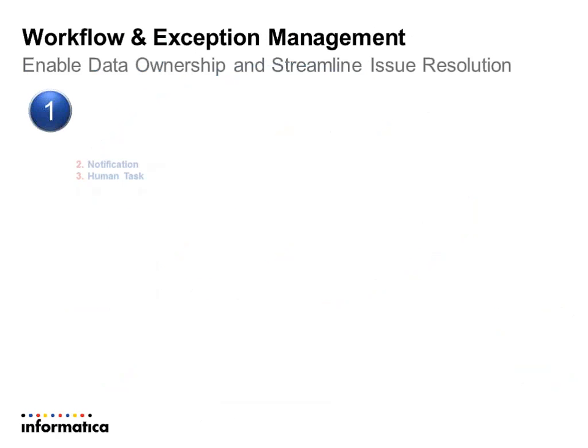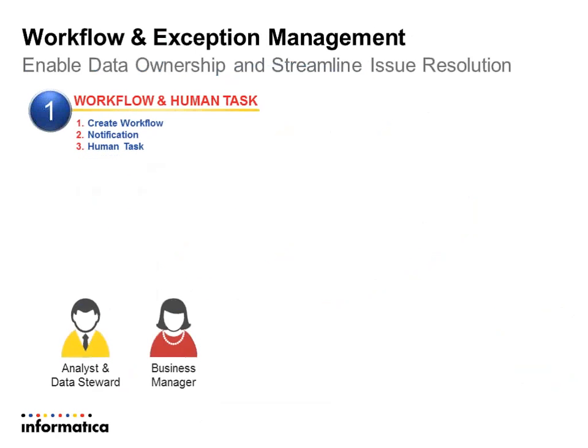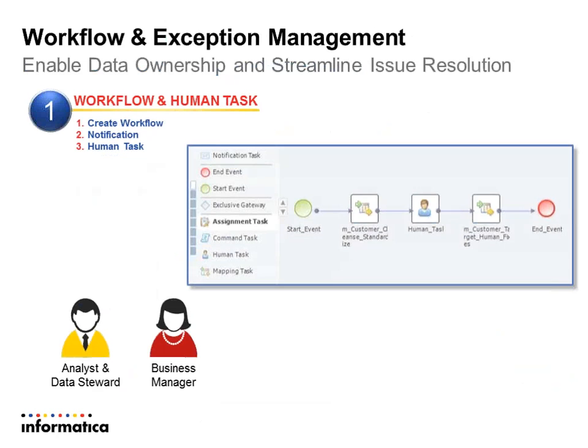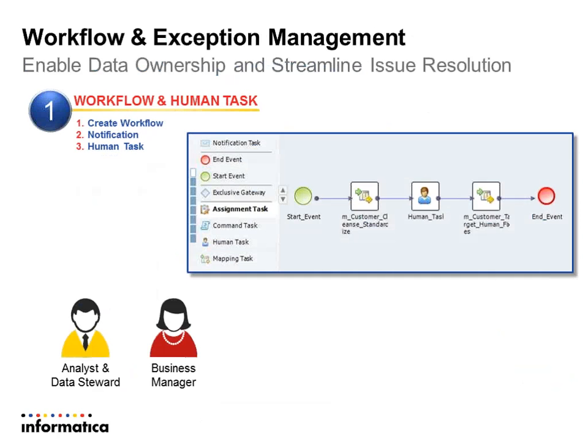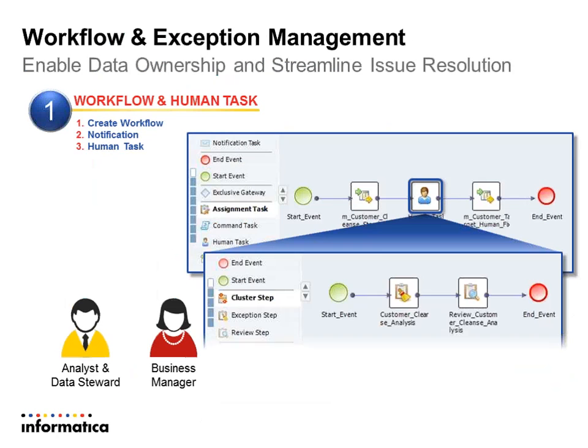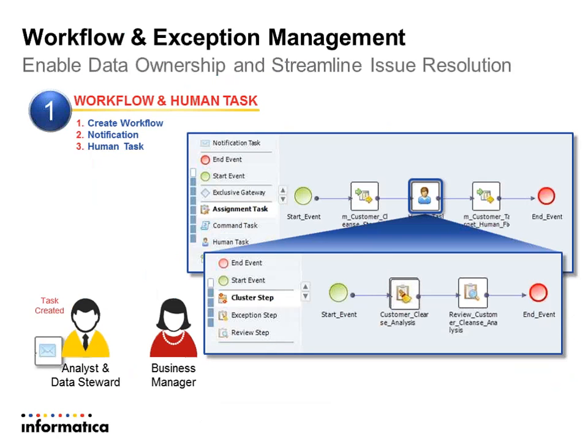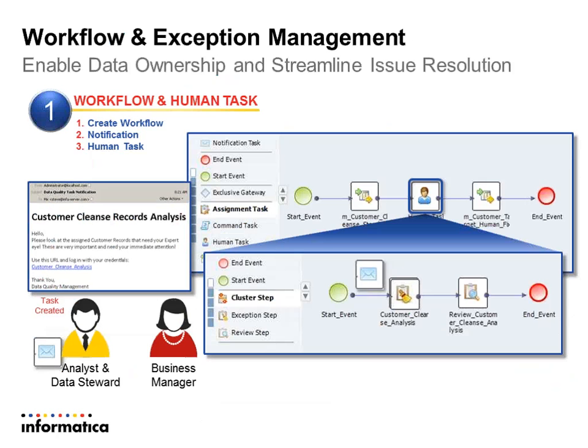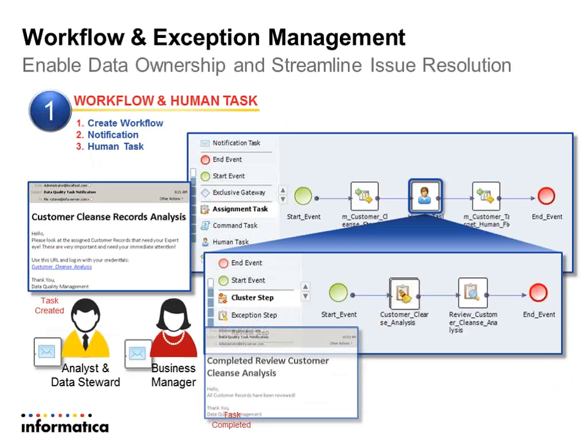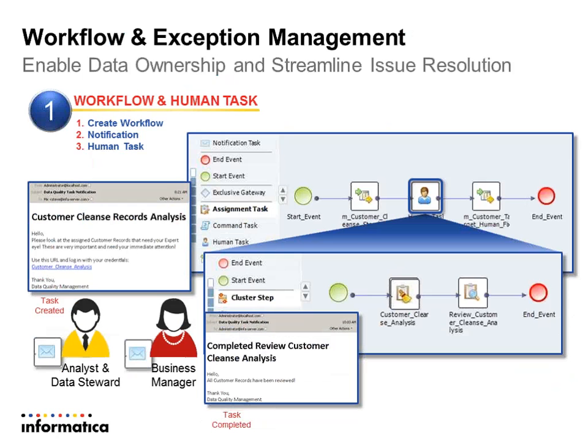We need to create a workflow where a human task is configured to notify the users about the task assigned to them. Generally, a human task is a sequence of steps, and each step represents the type of activity a user needs to perform. For example, in the exception step of the human task, a user will be correcting the bad records.